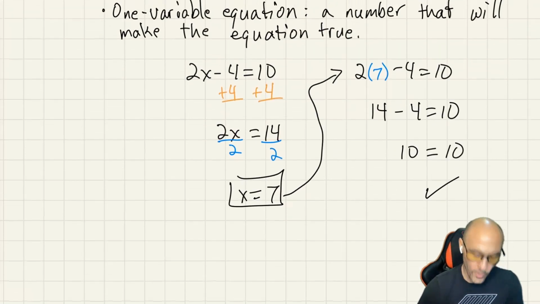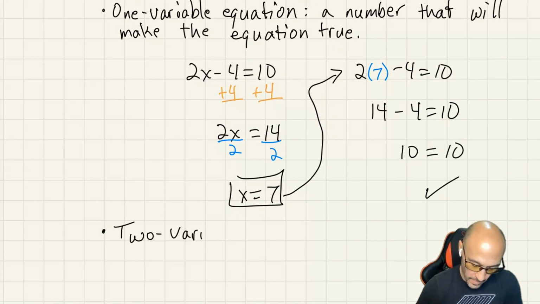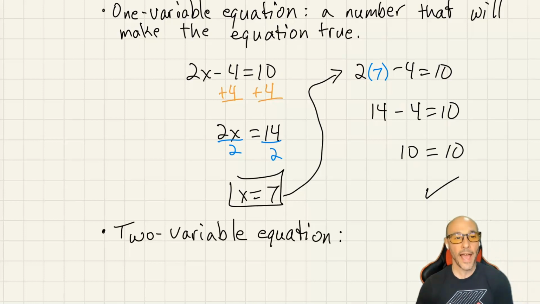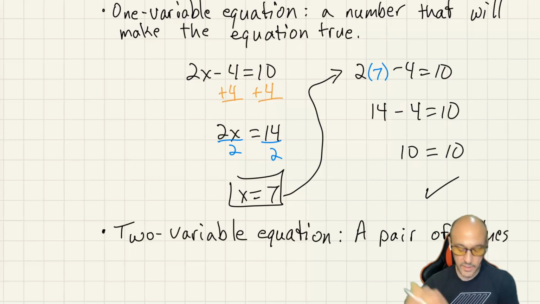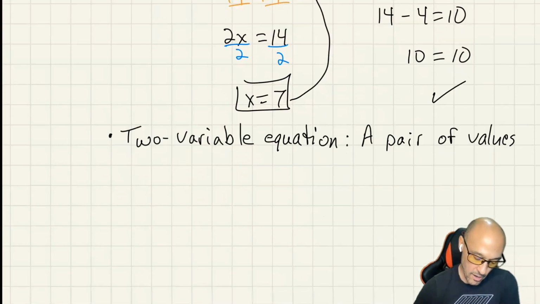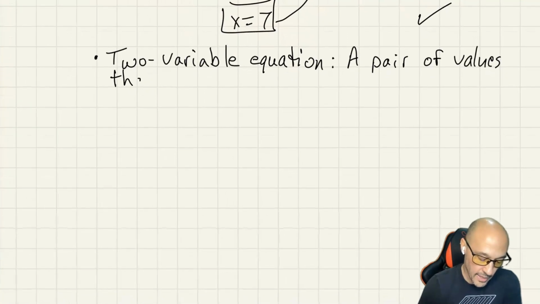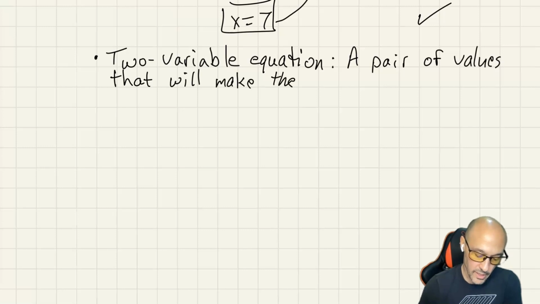Now, so we had a one variable equation. So now what about if we have a two variable equation? Well, a solution to that will be a pair of values, since there are two variables, a pair of values that will make the equation true.